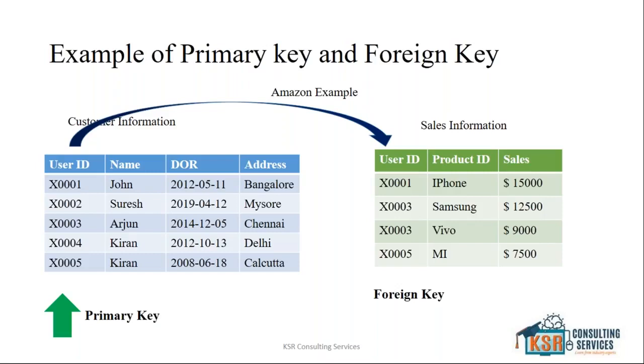If two people have the same name, you cannot differentiate which Kiran has purchased. I have added one more column that will be unique. Two Kirans will have two different numbers, and that is called a primary key. Using this primary key as a reference, the reference is called a foreign key.